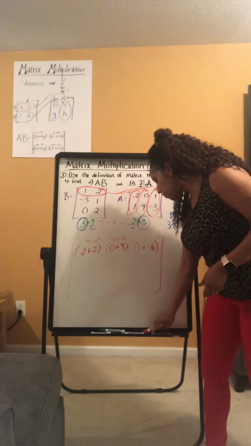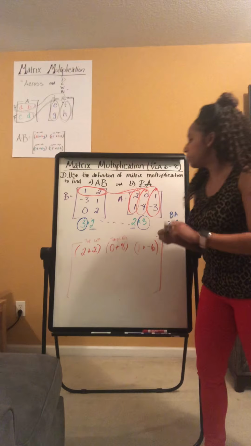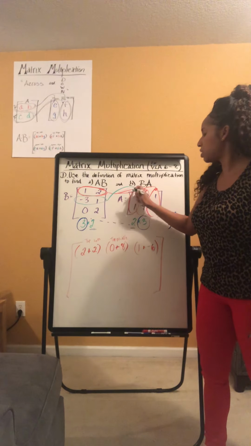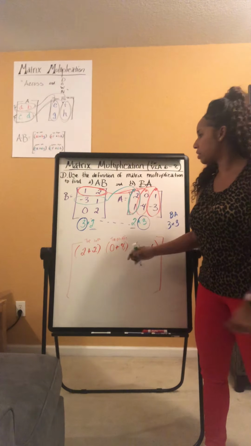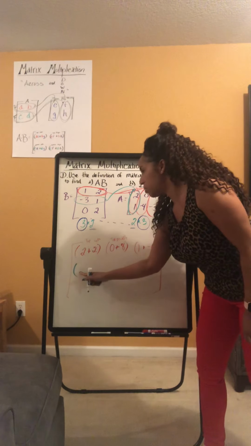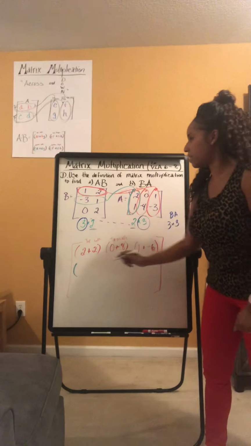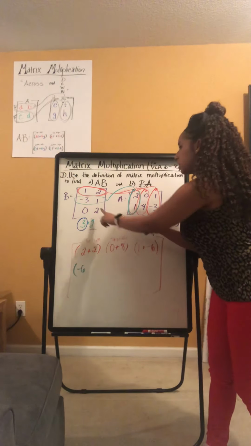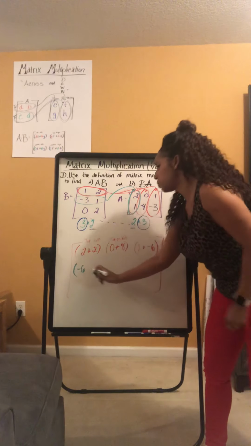Now it is time for the middle row to be distributed to all 3. First the middle row and the first column. That goes here: it's in the middle, and it's the one on the left. Negative 3 times 2 is negative 6, plus 1 times 1 is 1.